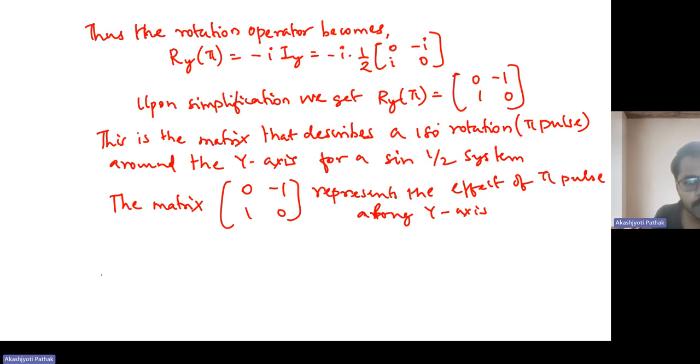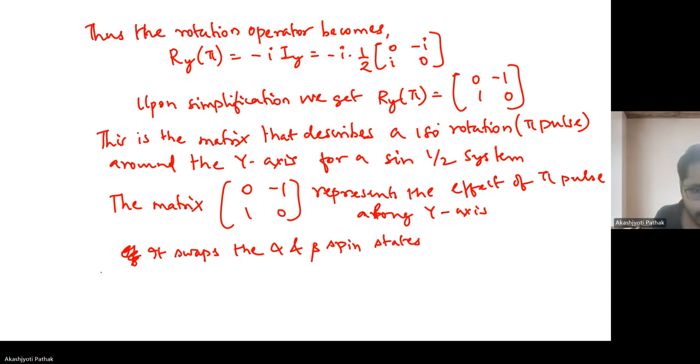So what does it do? It swaps the spin states alpha and beta.